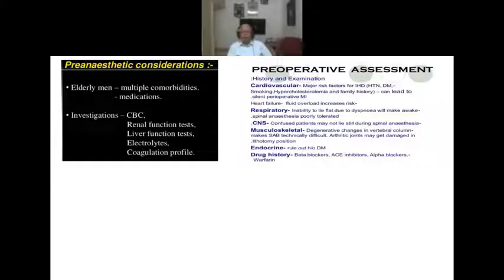Sulfonylureas are long acting. So if the patient has a tendency to take the drug in the morning, don't give it on the day of surgery. Till the previous night you can give whatever dose you have been taking. So there is no need to convert to insulin for TURP surgery because oral intake will be started soon. Oral liquids as well as diet will be started very soon after the surgery.